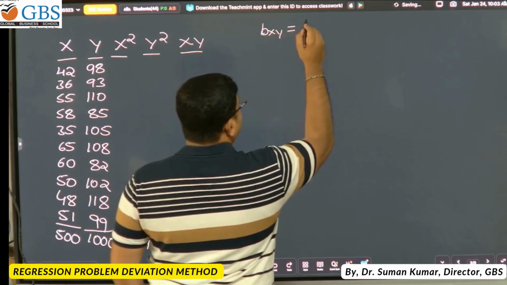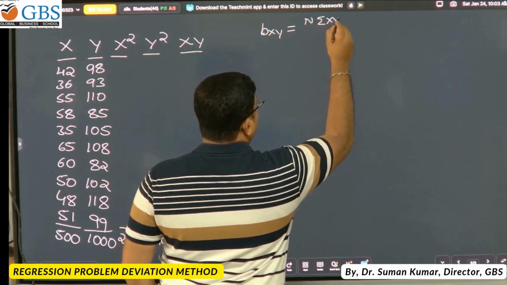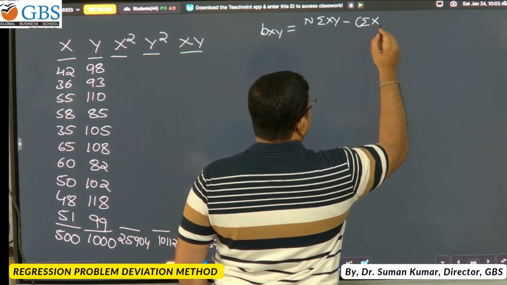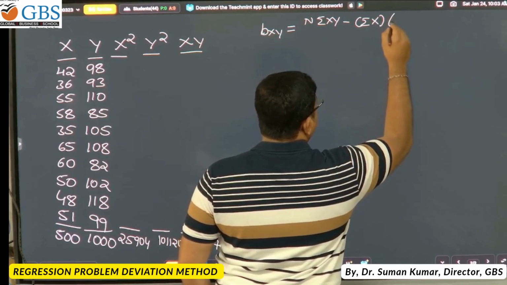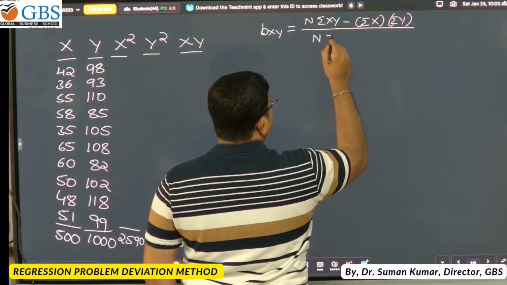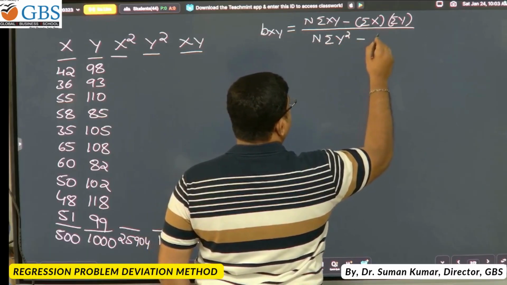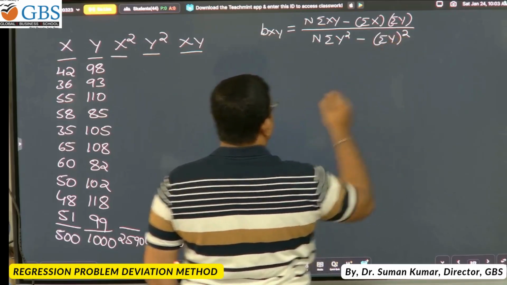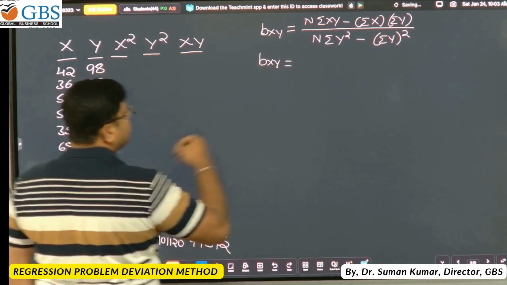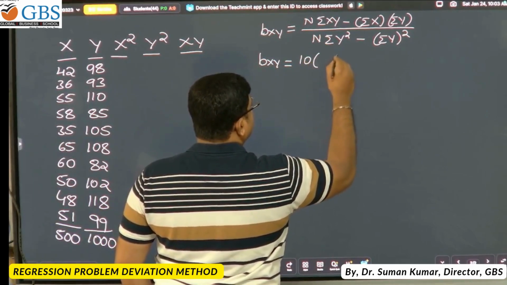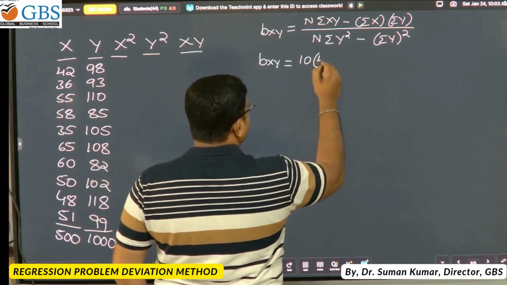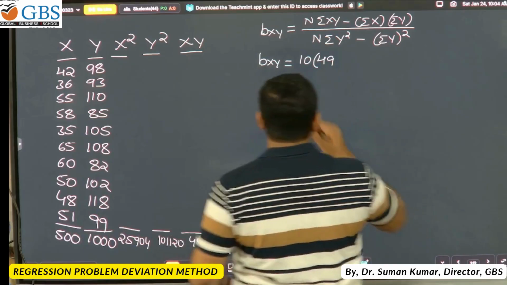Two things. First let us find out bxy. The formula is N into summation xy minus summation x into summation y, divided by N into summation y square minus summation y whole square. Substitute the values using the table. What is N? Number of items, 10, into summation xy, that is 49,872, from the table.